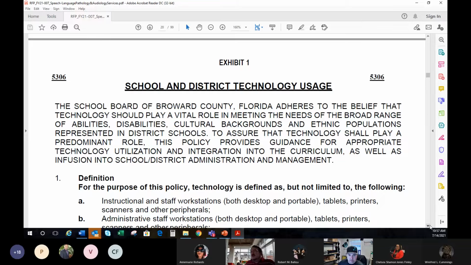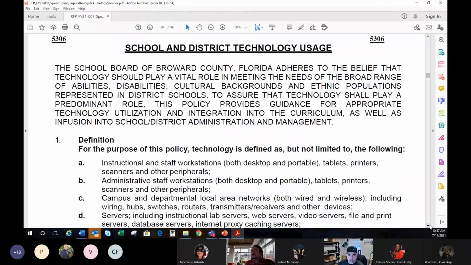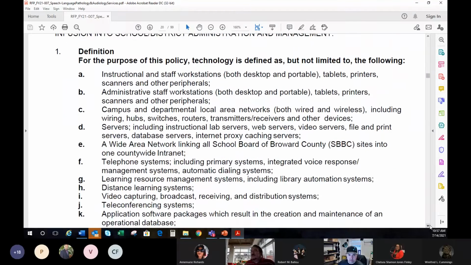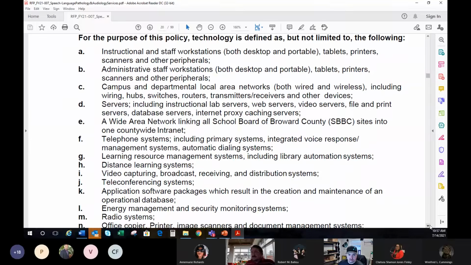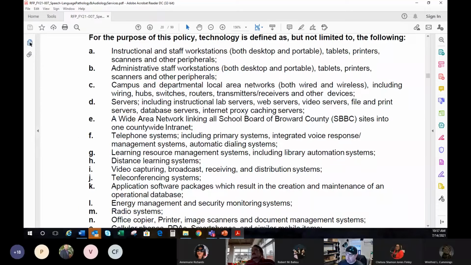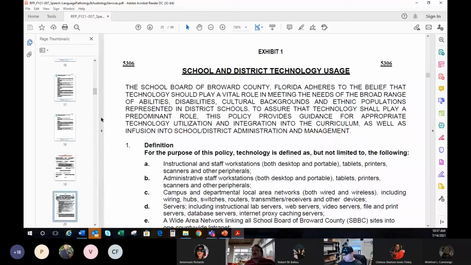So it does provide what you can do and what you can't do. I think this is a couple of pages. So you'll want to go to the start of the RFP, the page.